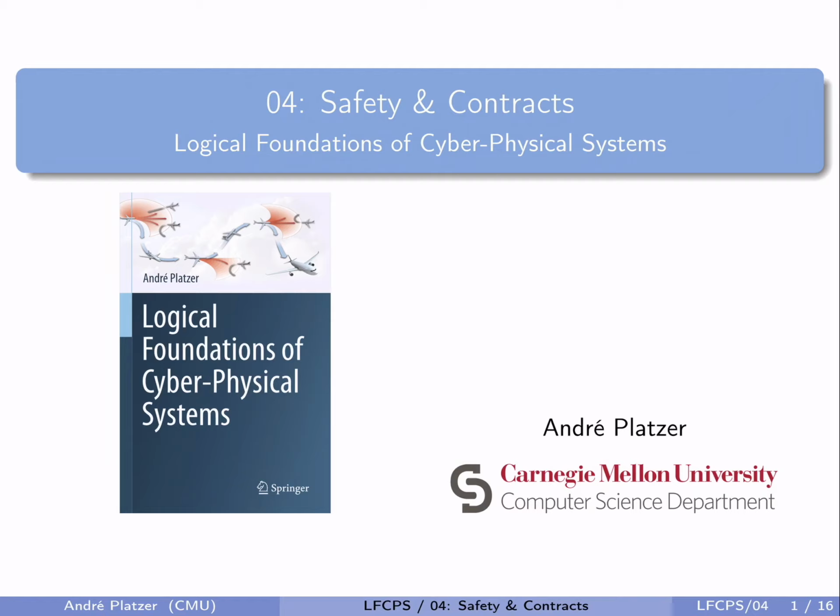Now, dynamically checking contracts isn't good enough for cyber-physical systems. And why is that? Well, suppose you're flying an aircraft with a fancy autopilot that's been developed with contracts all over the place that are, however, only used for dynamically checking them. In that case, one of the contracts could be that the aircraft should never be pointing strictly nose down when it's just 100 feet above ground.